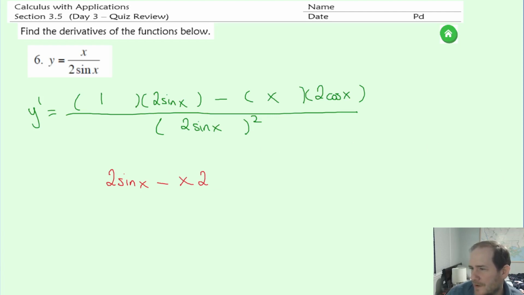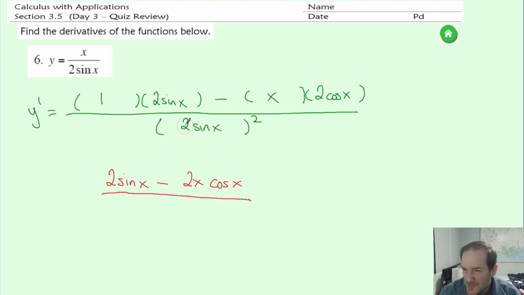So that's silly. It would be 2x cosine x. All over. Now if we square the denominator, it's 2 sine x times 2 sine x, so it goes to 4 sine squared x.